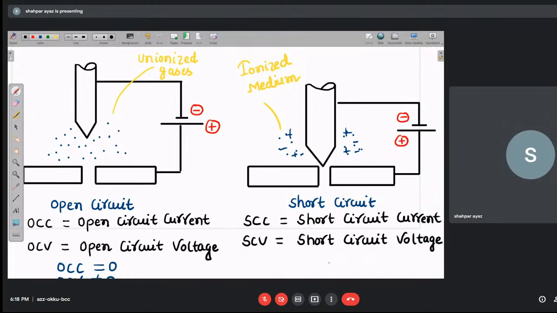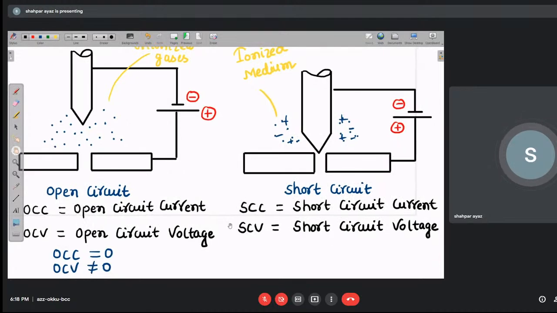Both are at the same potential, therefore short circuit voltage becomes zero. But short circuit current is not equal to zero, because huge current flows. Whenever there is short circuit, huge current flows, and by I squared R T, when the current value is very high, very high heat energy is released. Current is not zero, but the short circuit voltage is zero, my dear.